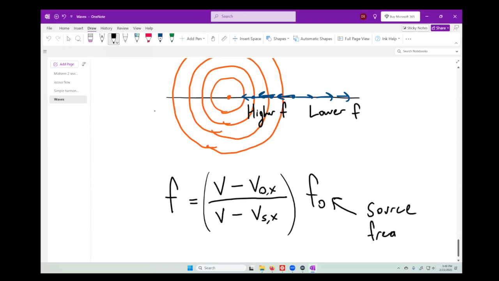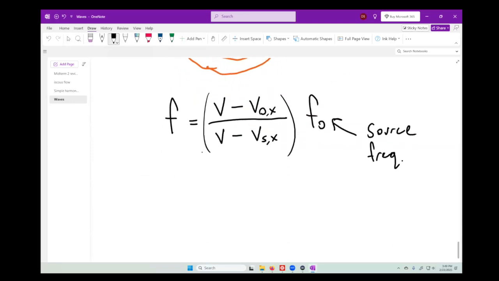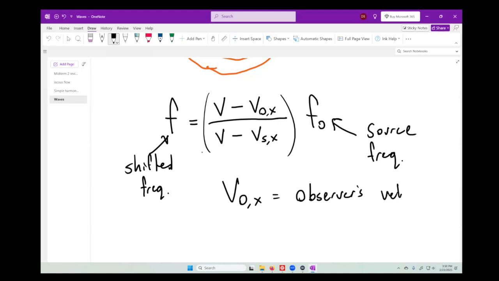Okay, so if this is the frequency output by the source, the Doppler shifted frequency is this. Okay, V_O sub x is the component of the observer's velocity, not in the direction the source is moving, or sorry, in the direction from the source to the observer.